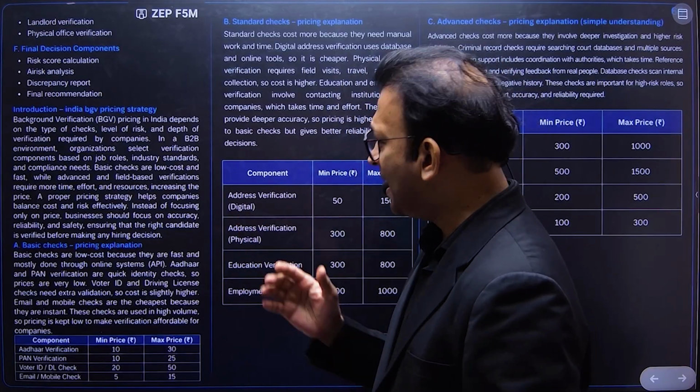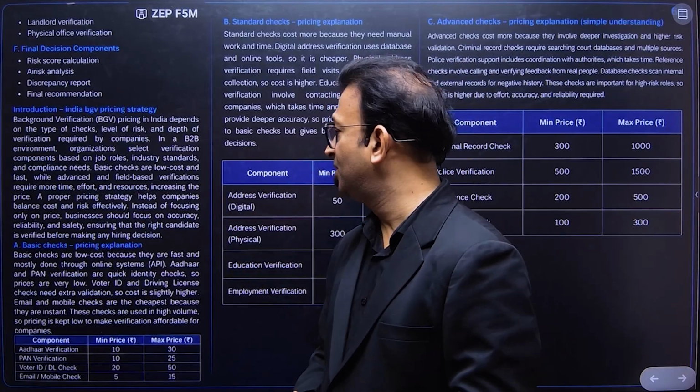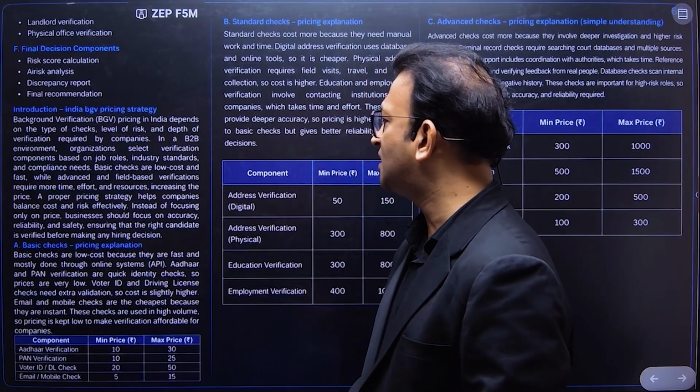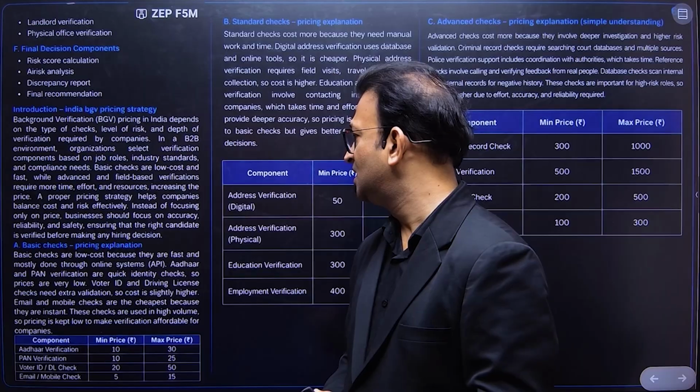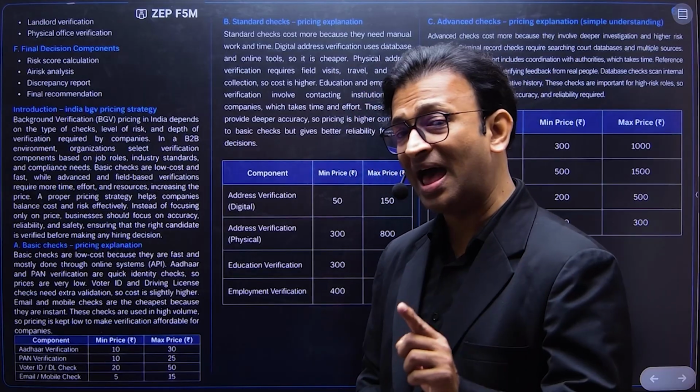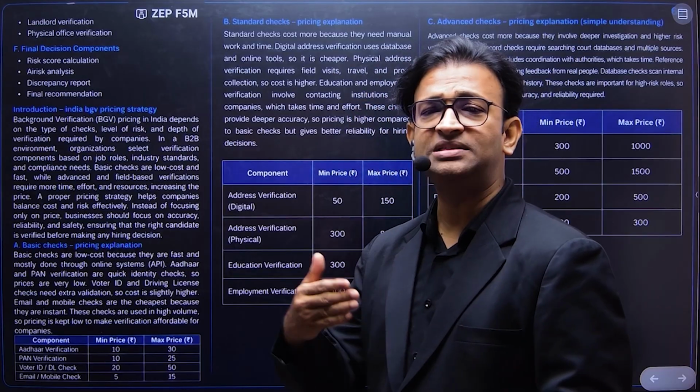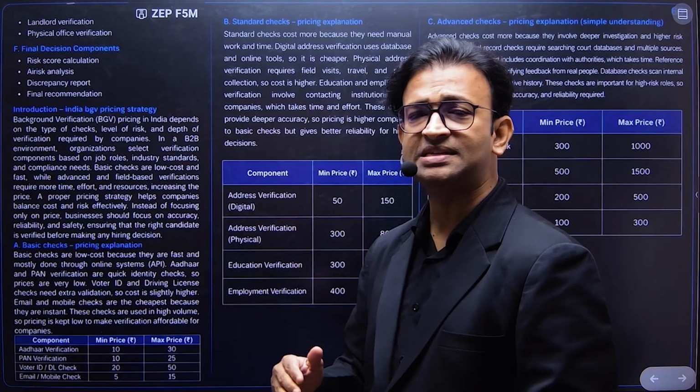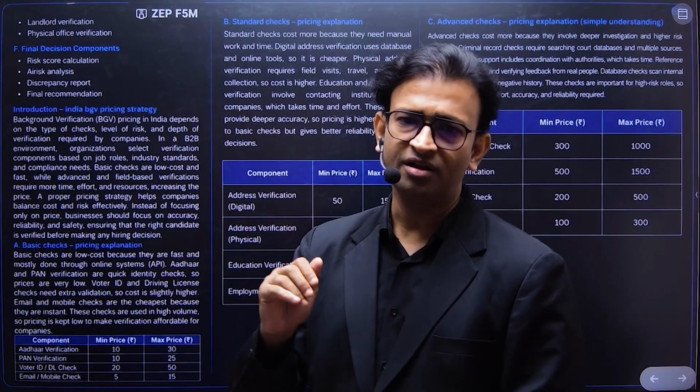A. Basic checks are low cost because they are fast and mostly done through online systems. API, Aadhaar and PAN verification are quick identity checks, so prices are very low.